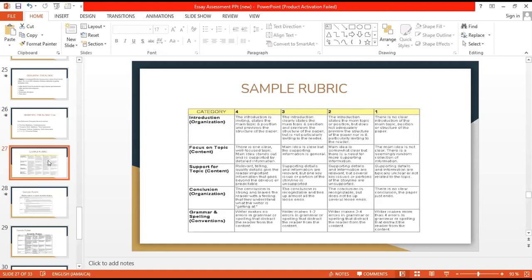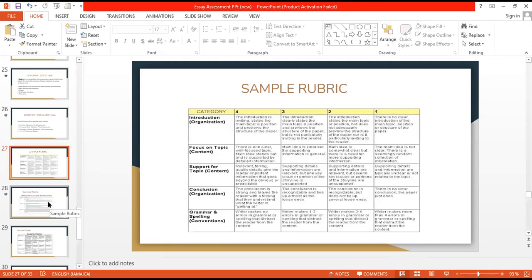Again, there are 5 possible marks. If the students have covered all the areas, then they'll get their full 4 marks. If they've fallen short in some way, then they can either get a 3, a 2, or a 1. Or if they have not given support at all, then they'll get a 0.